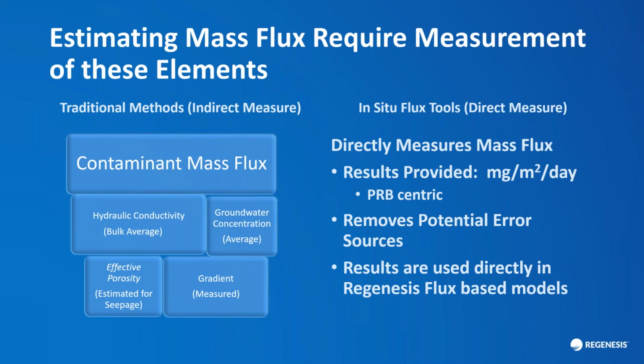That's a very PRB-centric, remediation-centric result that you can use. It removes those 3 out of the 4 contaminant mass flux potential error sources. And the results are used directly. Finally, an important point for us, and it makes mass flux so important here at Regenesis, is that we use these directly in our flux-based design models. We plug the data straight in.